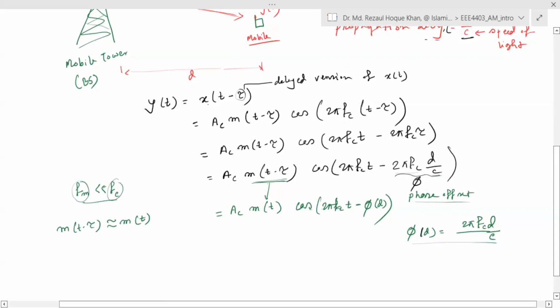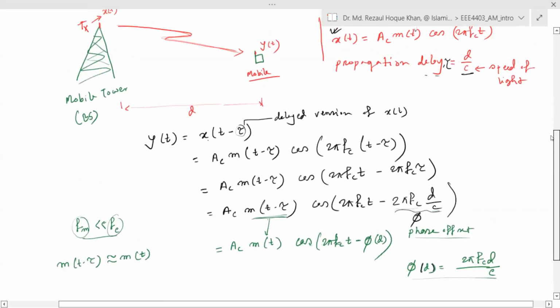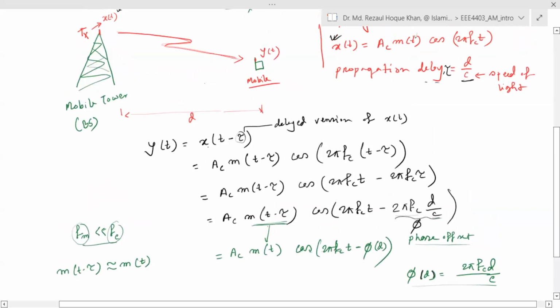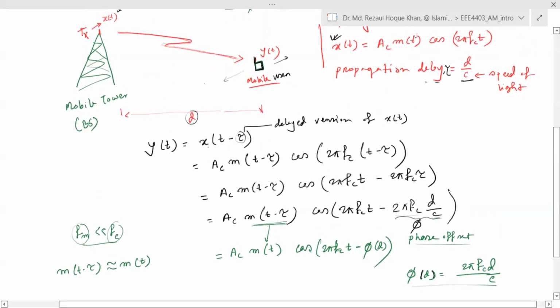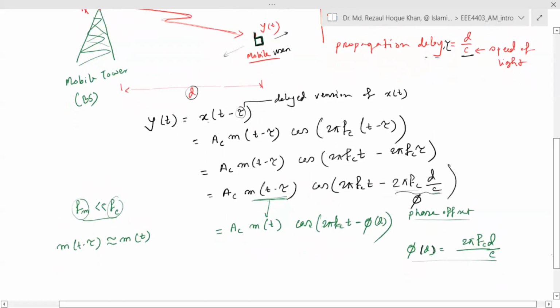In our mobile scenario, this user is a mobile user, right? So this user roams around, here and there, here and there. If the user does this, then d also changes, meaning the phase also has to change, because this phase offset is a function of d.